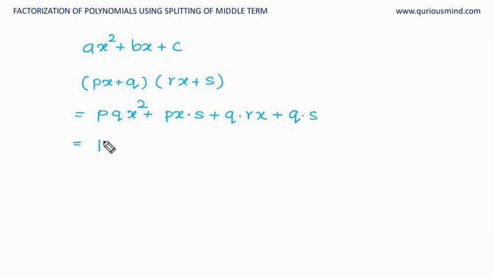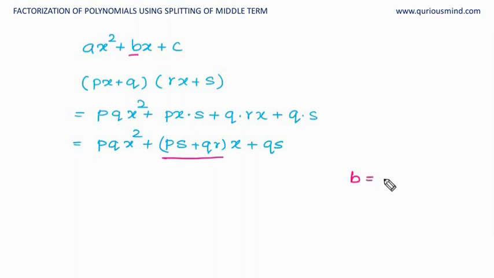That is equal to p into r into x square. If you see here, x is common, so (ps plus qr) into x plus q into s. And now we see here b, if we compare with this, b is same as this.